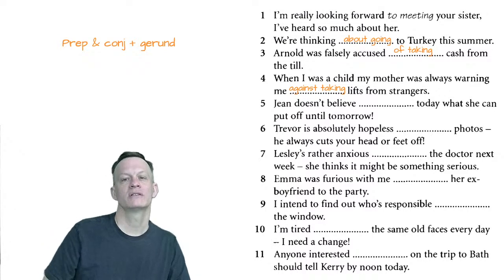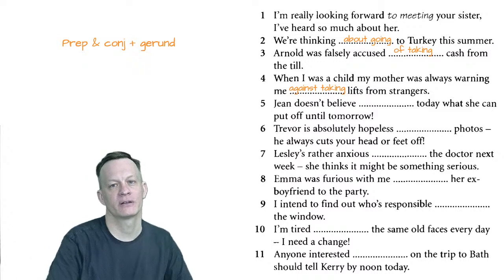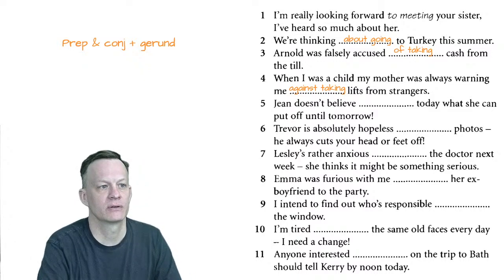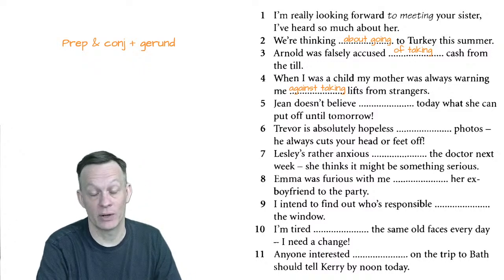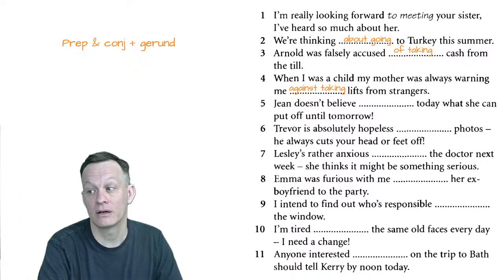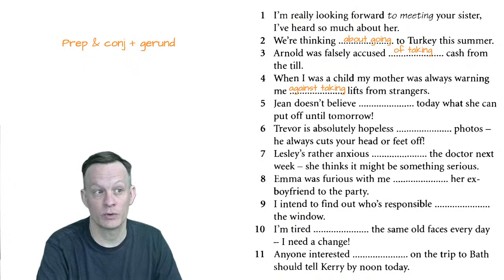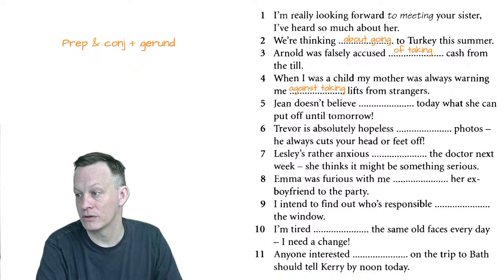You warn someone against doing something. Okay? You can also warn somebody about something, yeah? So warn about taking a ride. Maide said from. So we can go against or we can go about.